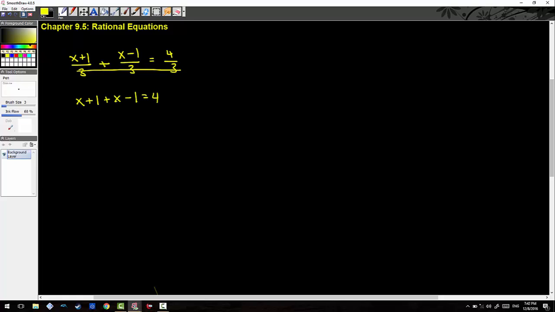And that's what I'm going to do every single time. Once the denominators are made the same, I can disregard them, because if they're equal, then the numerators will equal. If you're wondering why I can do that, it's because since it's an equation, I can multiply everything by 3 and cancel those 3's out anyway.